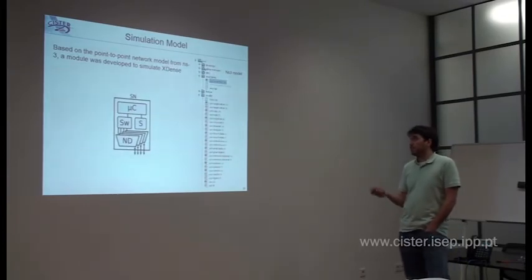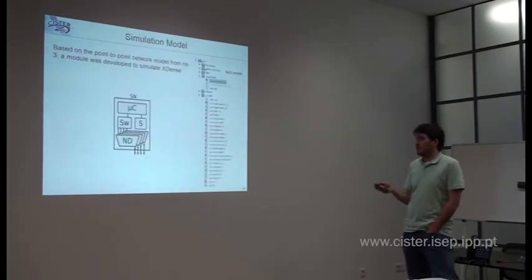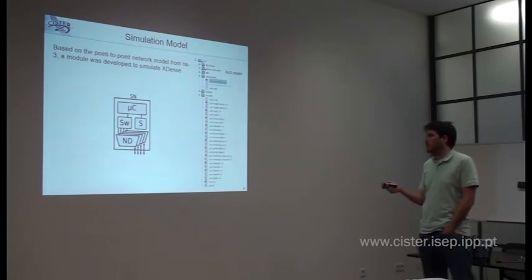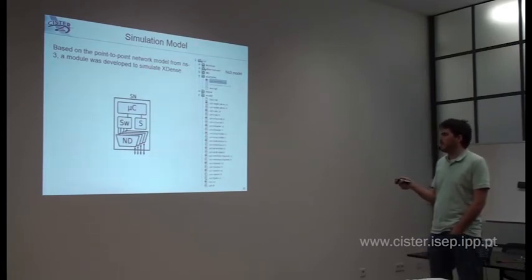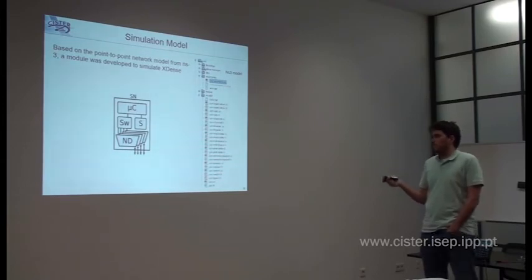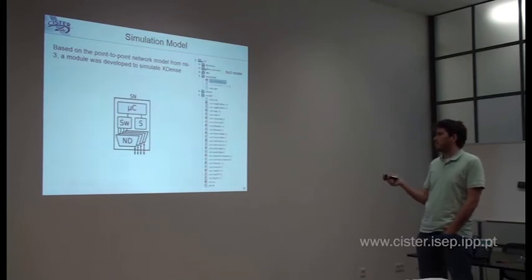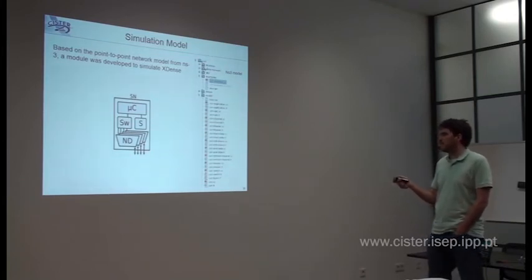For doing these simulations, I developed this NS3 model, which is these files here, which tries to abstract these layers: the network devices, the switch, the sensor, and the application layer.